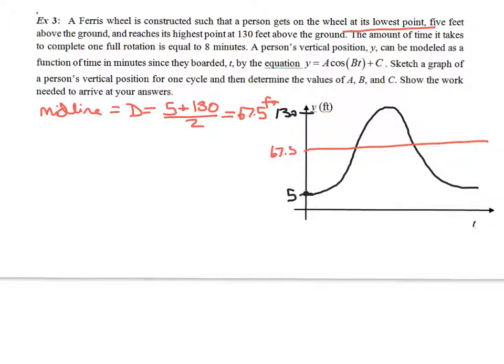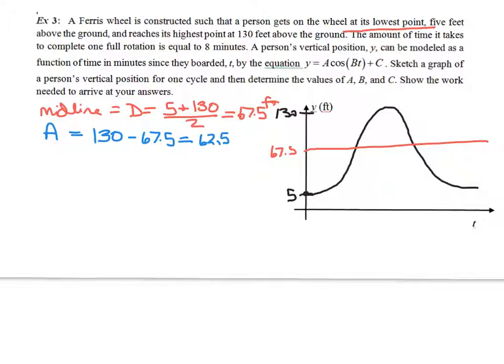Now it makes more sense to go ahead and find my A value, A for amplitude, because now I know that if I'm at a high of 130, then the amplitude is just going to be the difference between 130 and 67.5. Now again, there are several ways to calculate this, but this is probably the most straightforward calculation for A. So we're going to say 62.5.